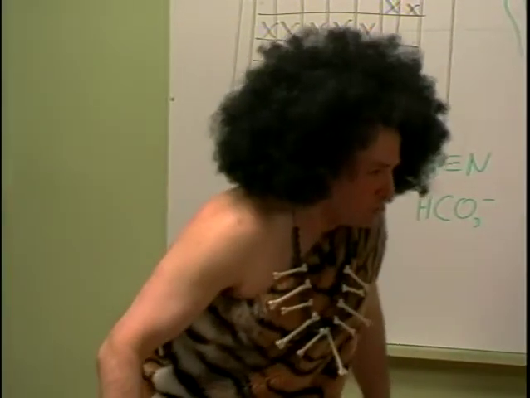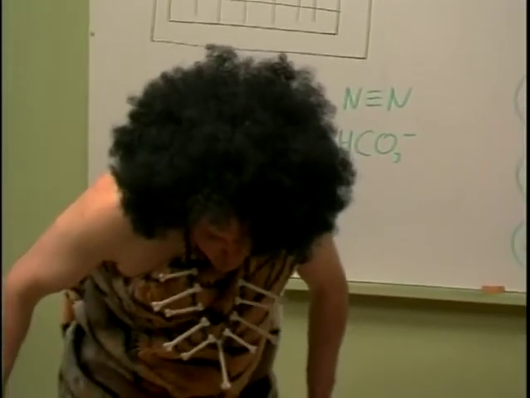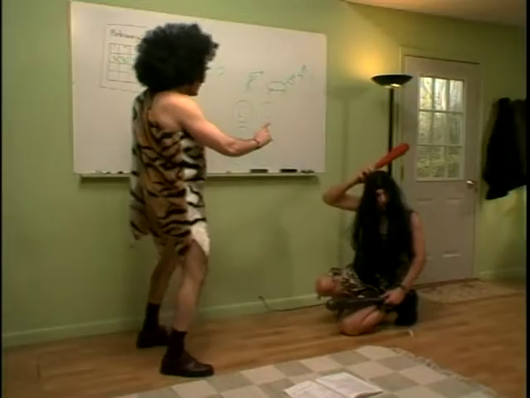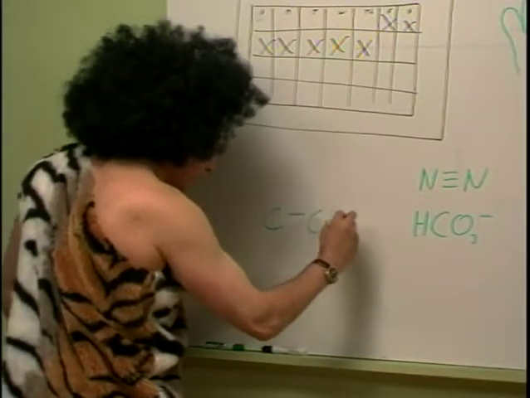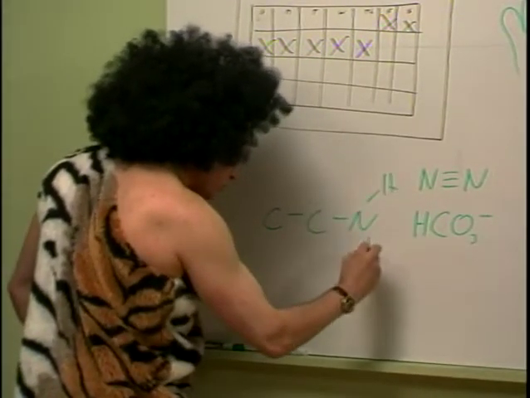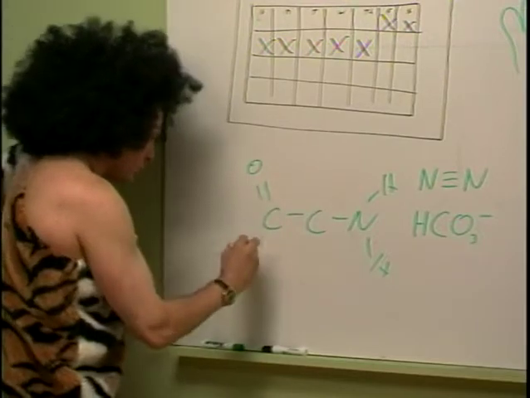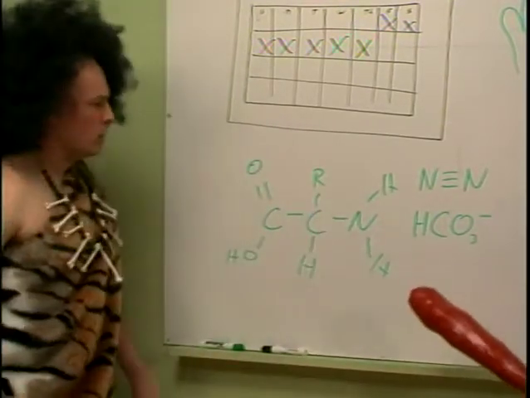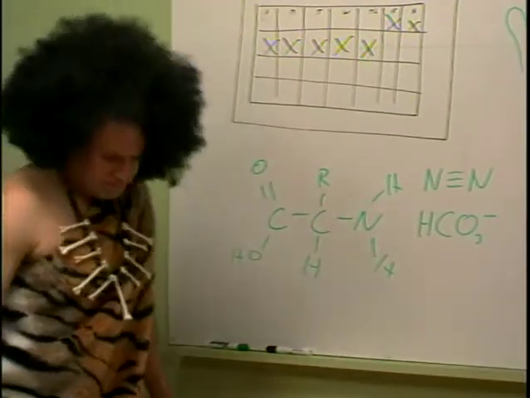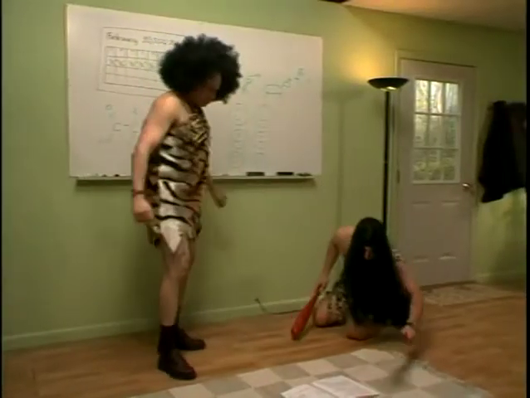I hope it's right. Glutamate. A. Glutamate amino acid has nitrogen. Generalized structure of amino acid. Nitrogen. Right answer. Best answer A.